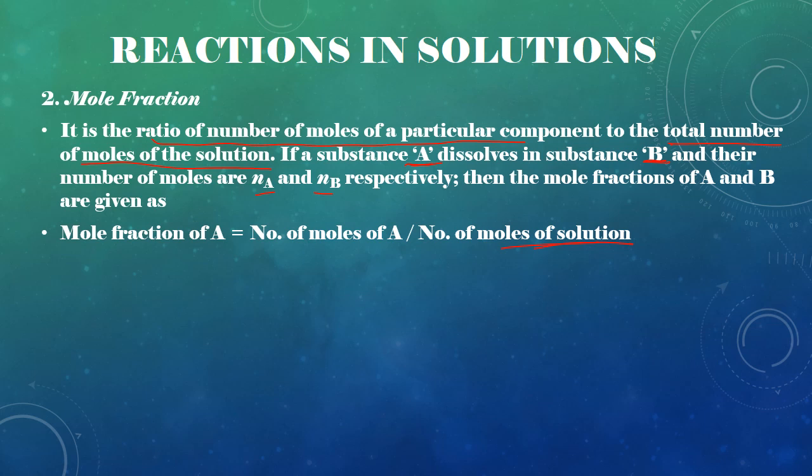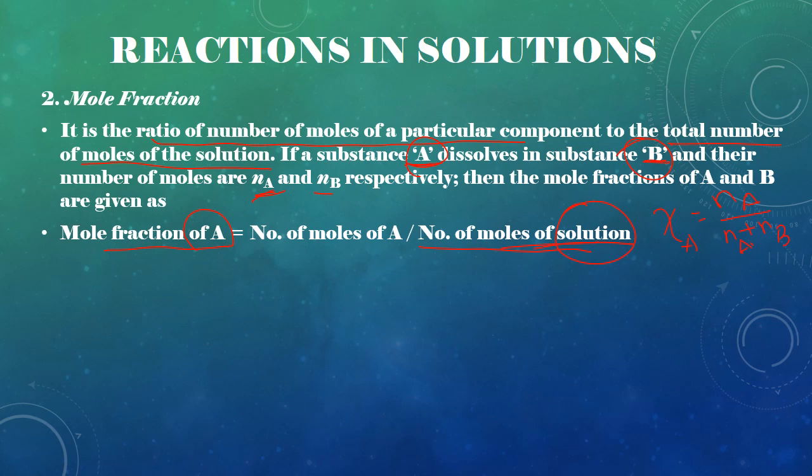Now, in this case, we have only two substances A and B. So mole fraction of A can be written as moles of A, that is Na, divided by total number of moles in the solution, that is number of moles of A plus number of moles of B. So what is the mole fraction of A?